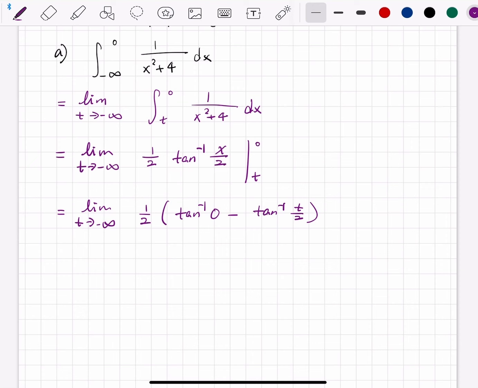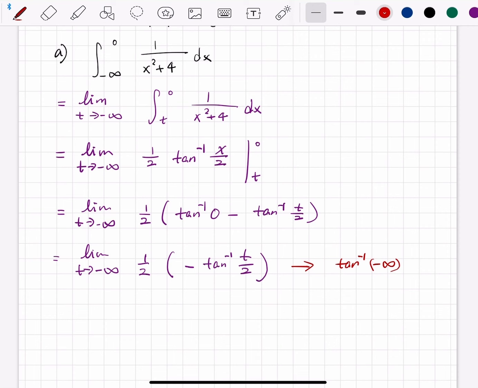Tangent inverse of 0 is going to be 0. And then for tangent inverse of t over 2, taking t to negative infinity, this gives us tangent inverse of negative infinity.